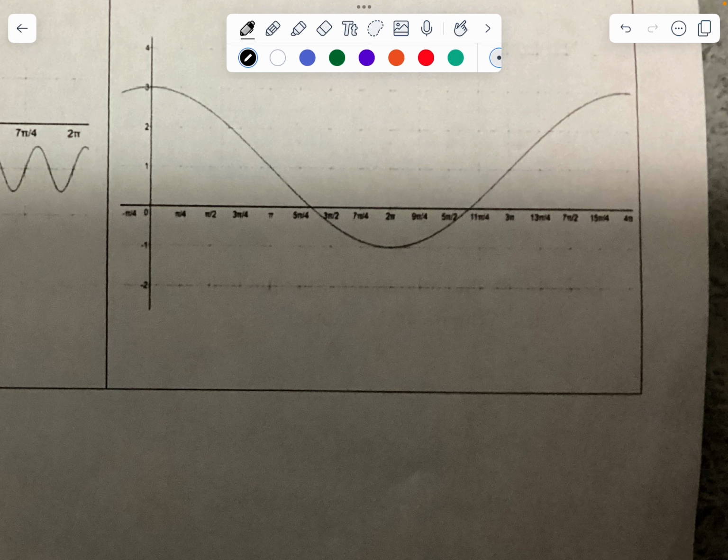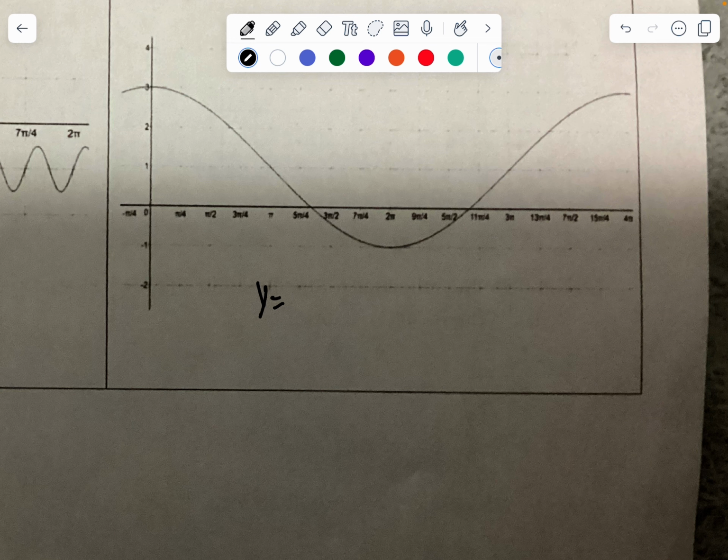This is really stretched one right here. y equals, start with cosine this time.